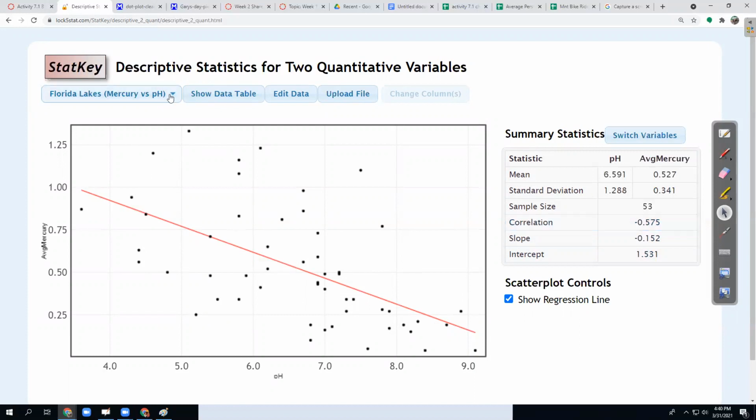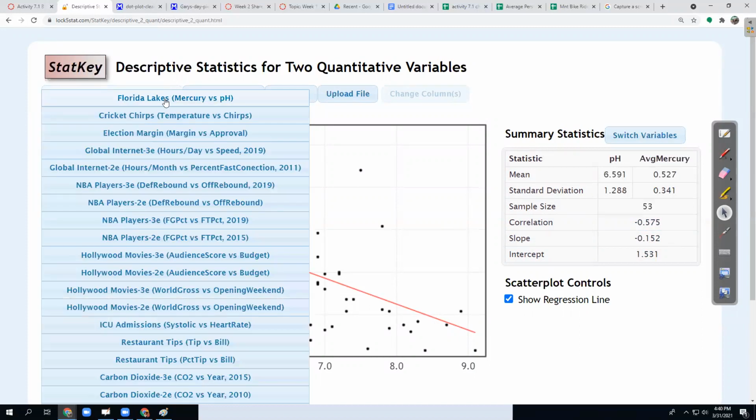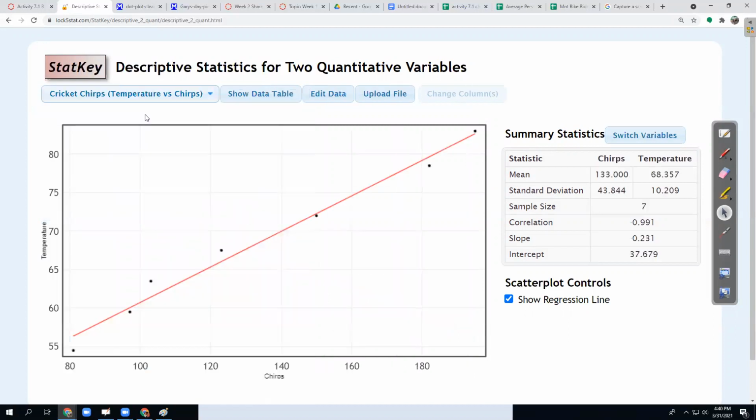Let's look at a different one here. So if I go up to the title or the arrow, I want to look for the cricket chirps. This is a cute one. So researchers observed crickets at different temperatures. And here it has the temperature on the vertical axis and the crickets on the horizontal. And this would mean that cricket chirps allow you to predict temperature.